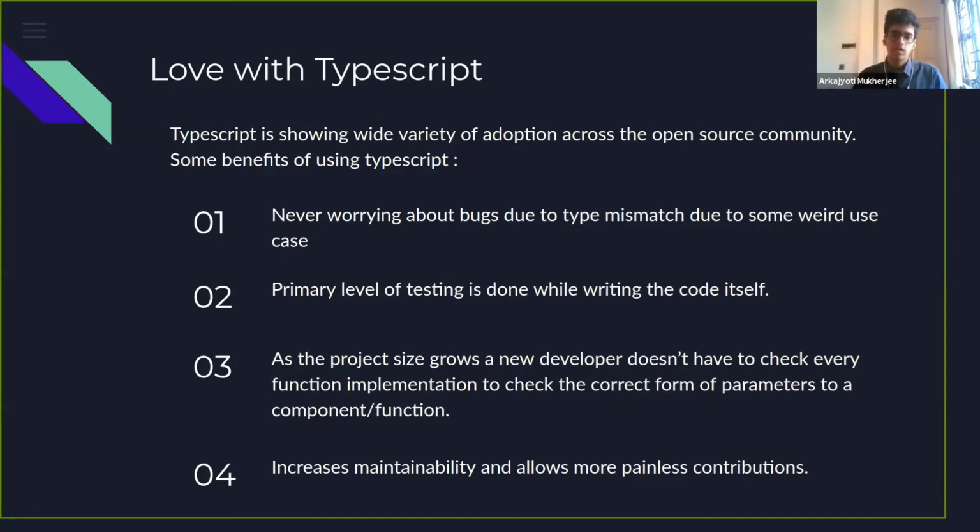So when you're actually making the API call, you never make a mistake. You never second guess, and you never have to look back and forth on whether I'm taking the right parameter, whether I'm using this code or not, whether I have missed a certain data from the API. You don't have to go through that process. It makes your developer experience very smooth and very simple, and it increases maintainability definitely.